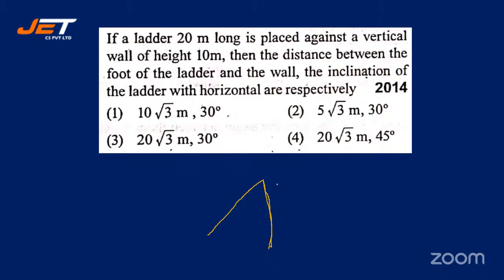What is the length of the ladder? It is 20 meter. Let us assume this to be A, B, C. This is the wall. This is the ladder. Then the distance between the foot of the ladder and the wall.